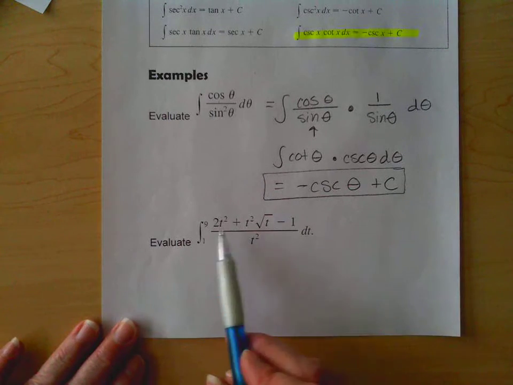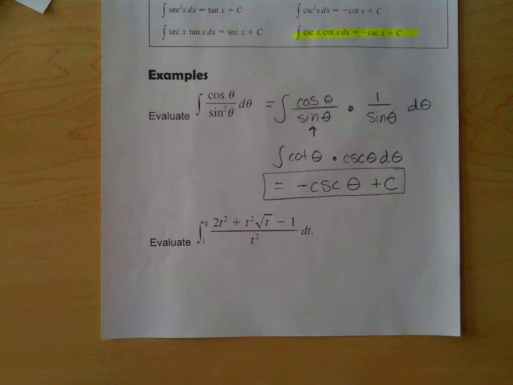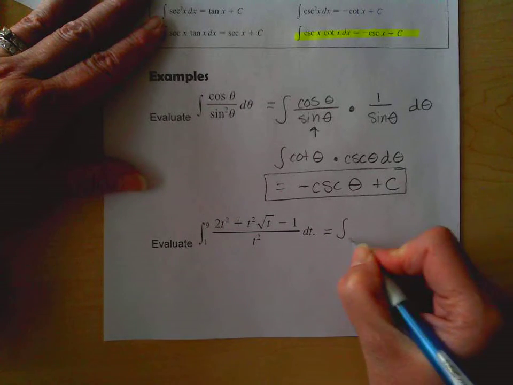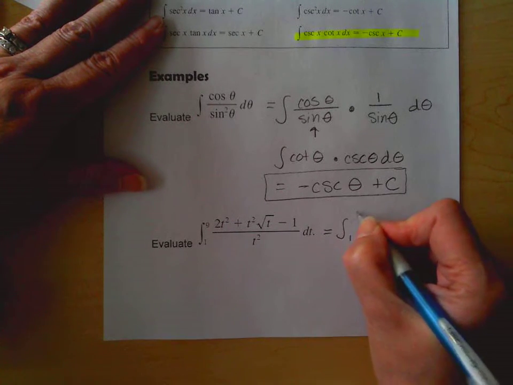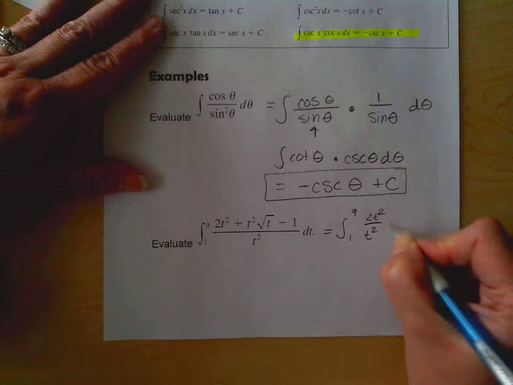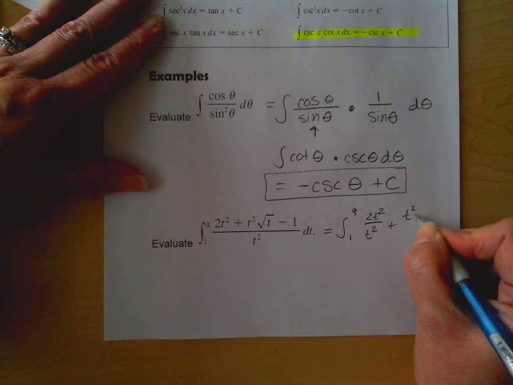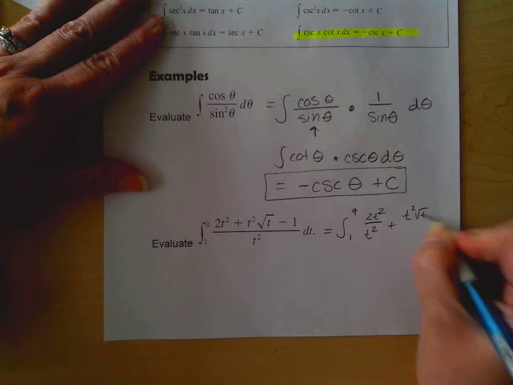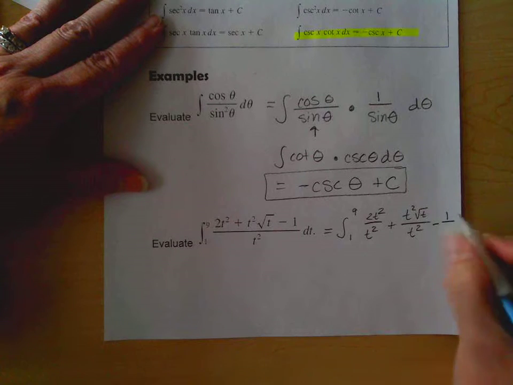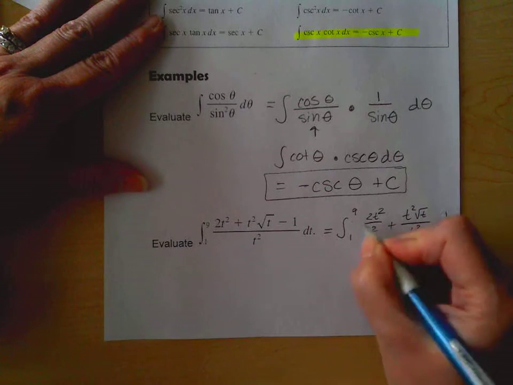Notice that this one's a definite integral. We're integrating from t equals 1 to 9. But I can write this as the integral of 3 expressions over dt.